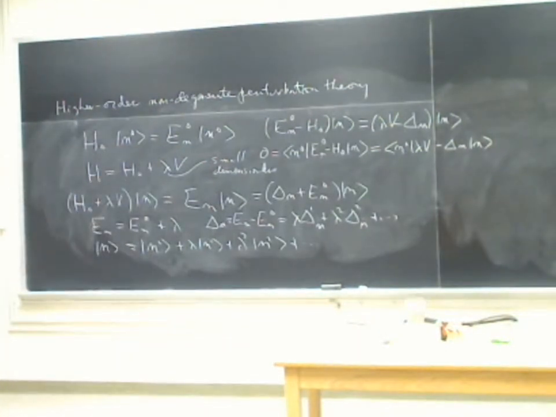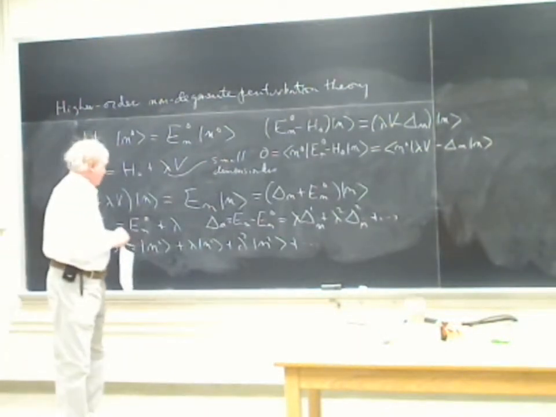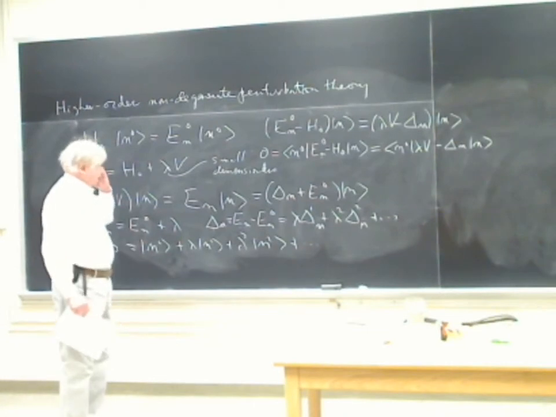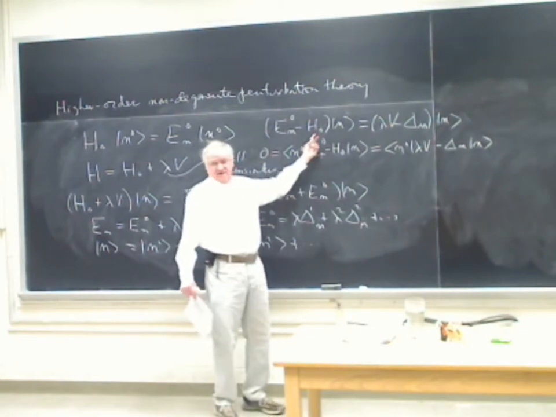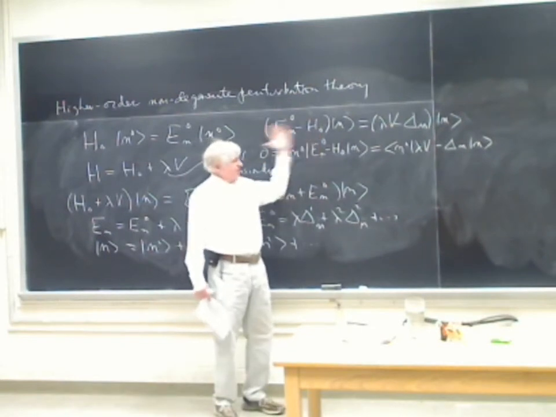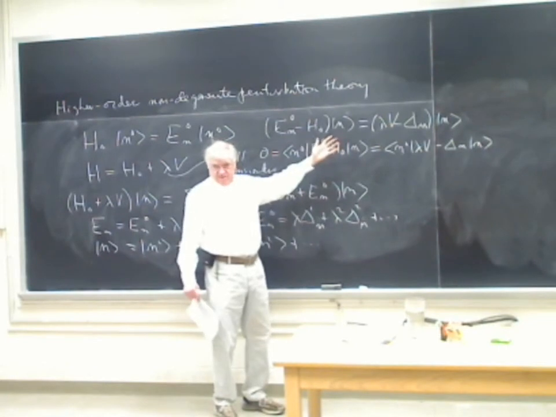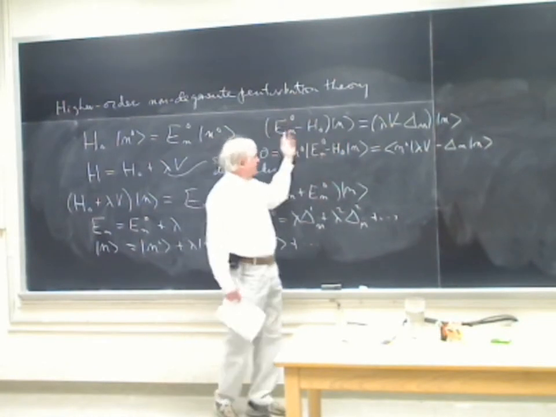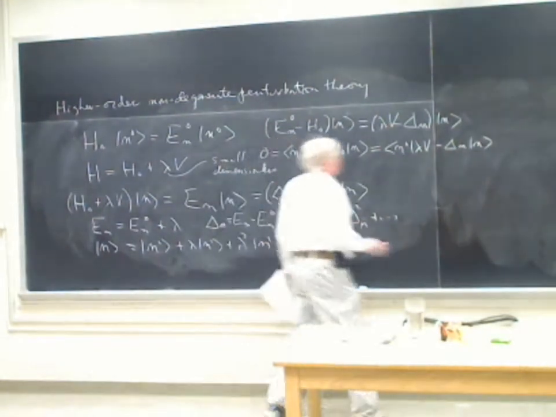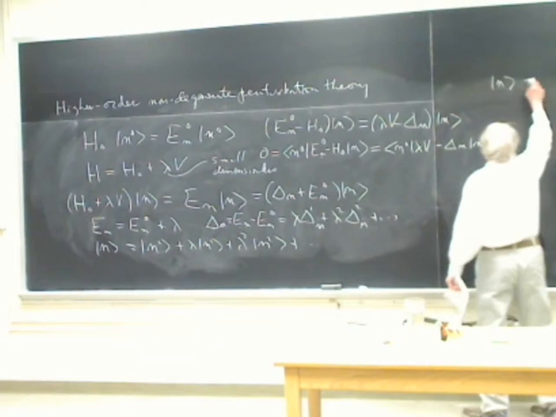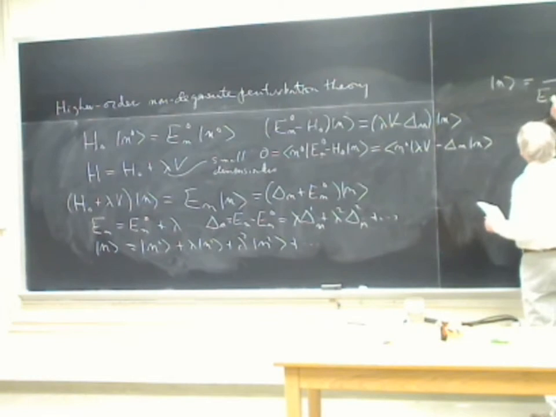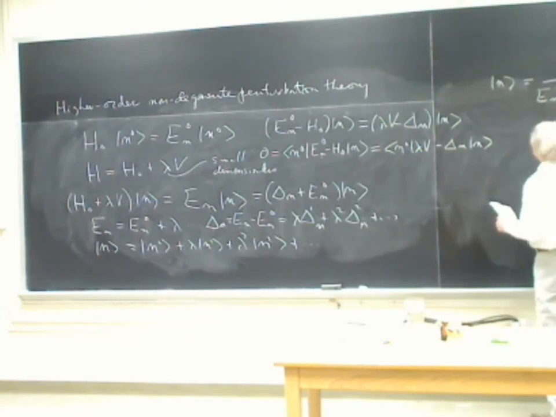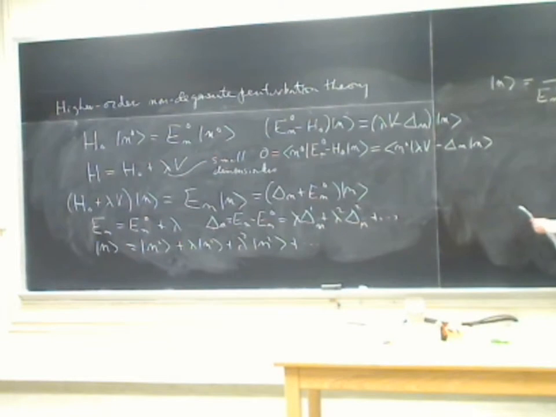It may not be apparent why it's such an important thing at the moment. One reason is that this operator has a zero eigenvalue, so we can't just form the inverse of that operator. In other words, we can't just say n is 1 over En0 minus H0 on lambda V minus delta n.